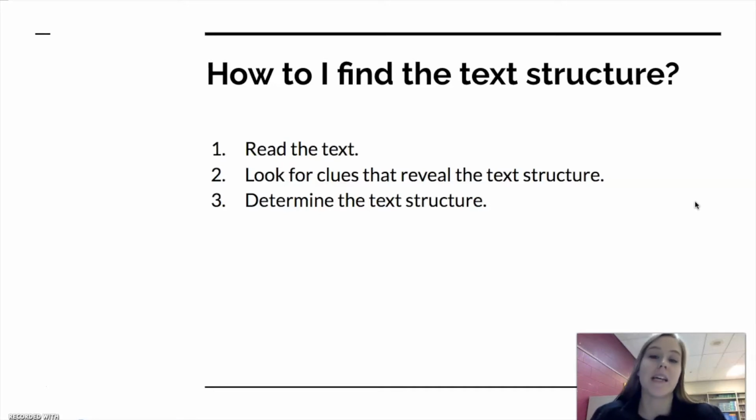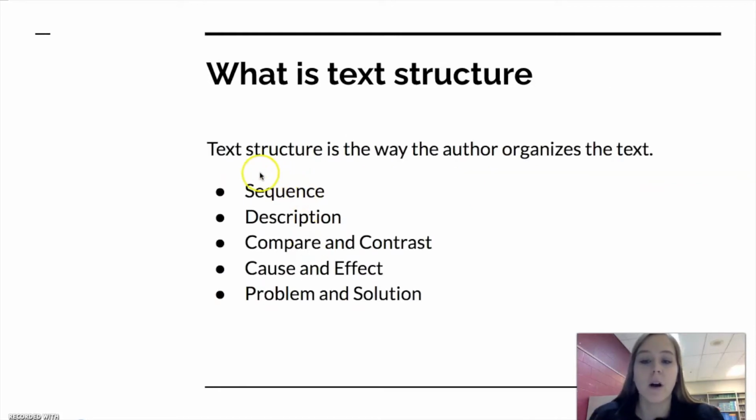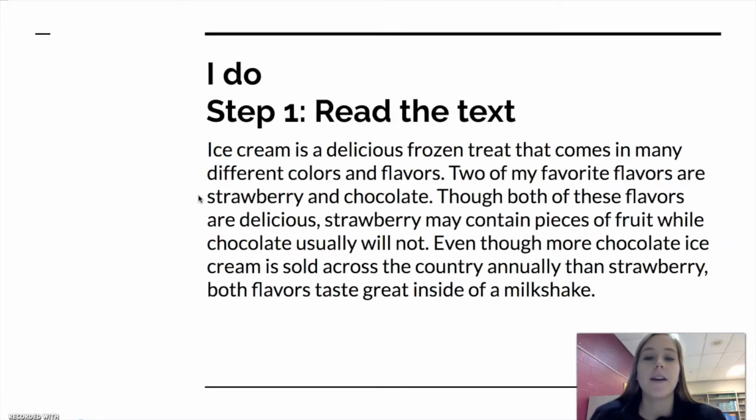Remember, as we were taking notes over the last couple of days, we highlighted some key words, so we'll be looking for those, but also maybe even just some sentences that stick out to us that let us know what the text structure is. And then step number 3, find the text structure. And just a reminder, it's always going to be one of these: sequence, description, compare and contrast, cause and effect, or problem and solution.